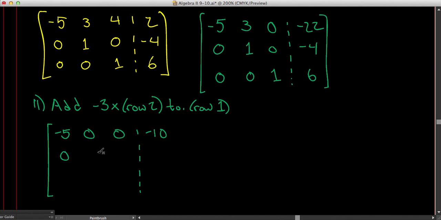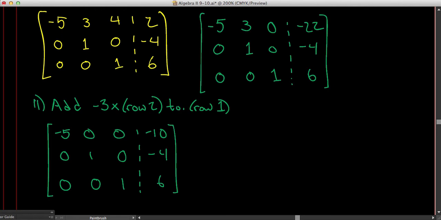And then we're just left with 0, 1, 0, -4, 0, 0, 1, 6. And we're pretty much there. One more step, and then we're going to have our identity matrix and all of our solutions.